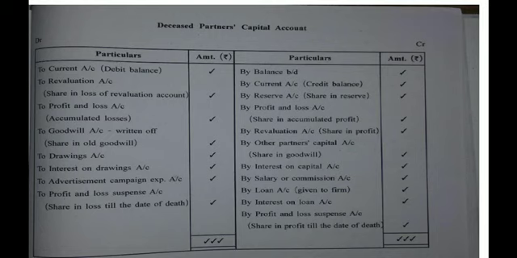Now the partner is no more, and hence the amount of loan is to be returned to the partner along with interest, which is mentioned below. By interest on loan account, this interest is to be calculated till the date of death. Then by profit and loss suspense account, this is the share in profit till the date of death. Of course, I have explained this concept while I was explaining theory. On debit side it is loss till date of death, and on credit side it is profit till the date of death. Alright. So this is how deceased partner's capital account is to be prepared.